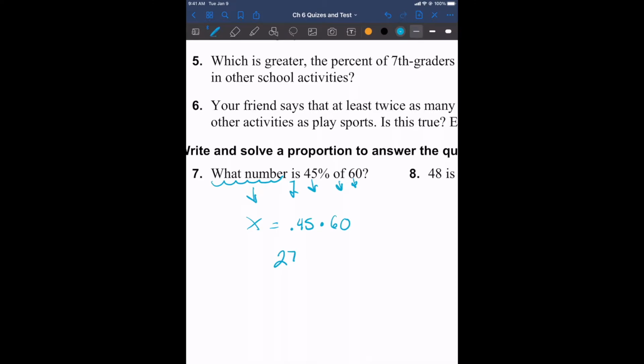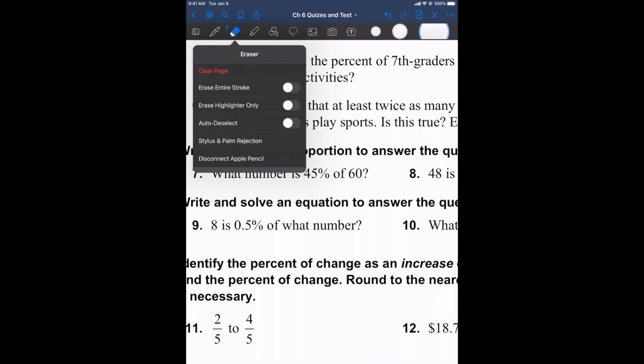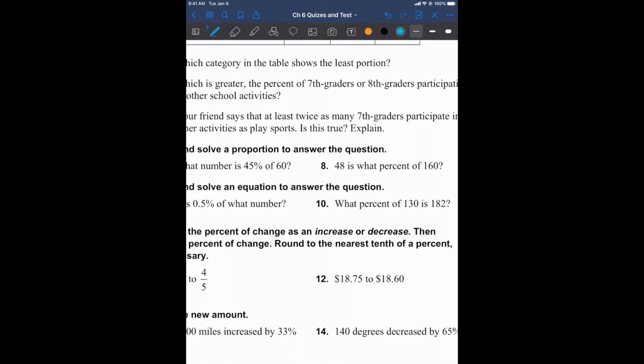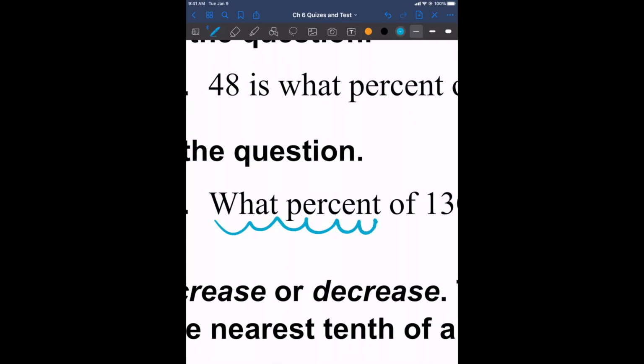Your answer is 27 is 45% of 60. Okay, do the same thing with number 8, do the same thing with number 9, do the same thing with number 10. Something you do need to remember though is if it says what percent, you have to change your answer back into a percent.